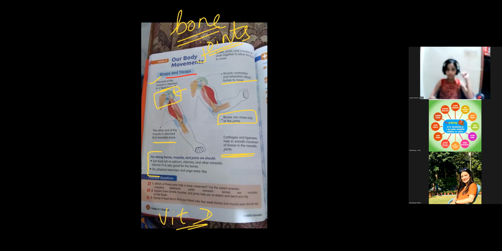Especially vitamin D is very good for our bones, right? And we should do physical exercises and yoga as much as we can, if not every day. We should keep our body active every time.